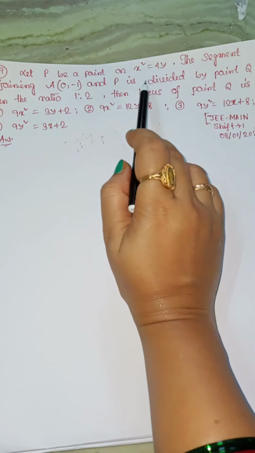That implies t equal to 3h by 2, and k is equal to t square minus 2 by 3.